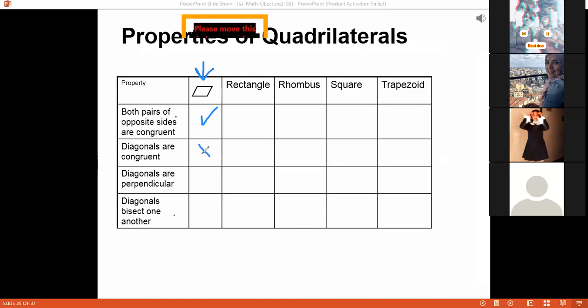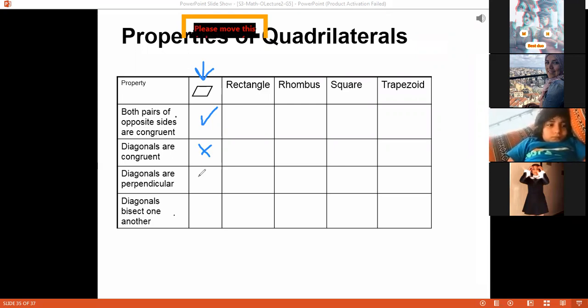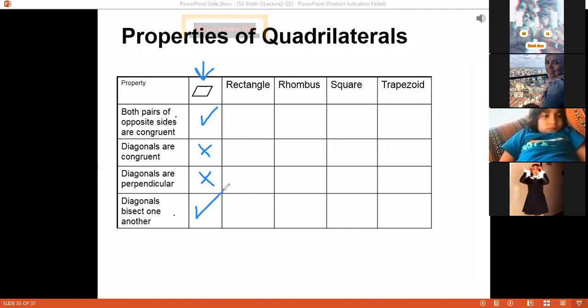No. Are they perpendicular? No. The diagonals of the parallelogram only bisect each other.